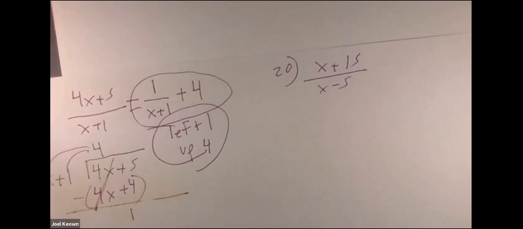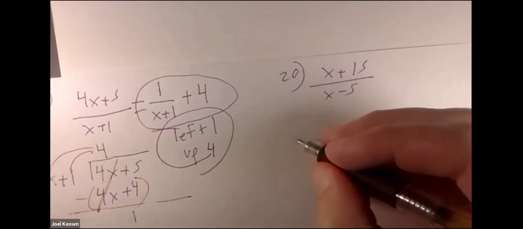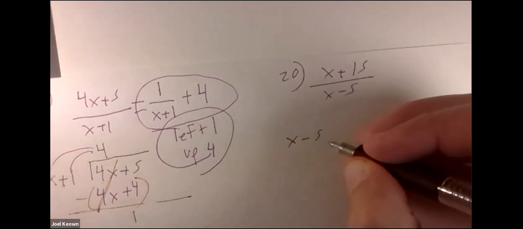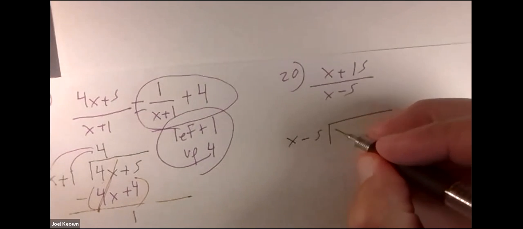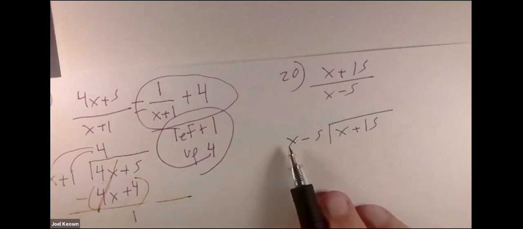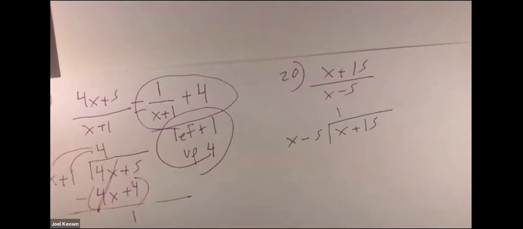Let's look at number 20. So dividing x minus 5 into x plus 15. X goes into x one time.